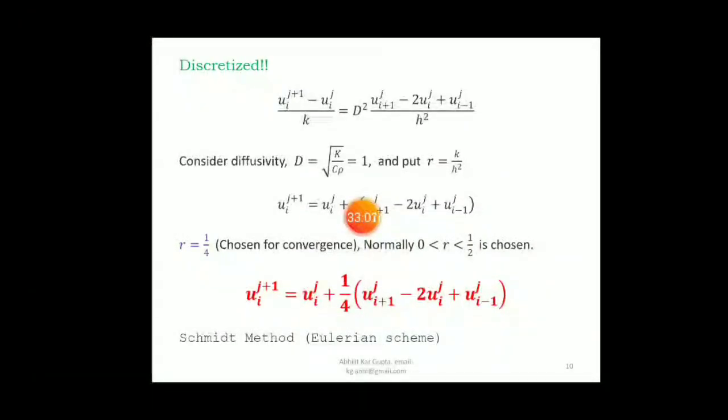Why tri-diagonal? Because of i plus 1 and i minus 1. So there are very many different schemes, implicit, explicit, whatever. Okay, so here we go.